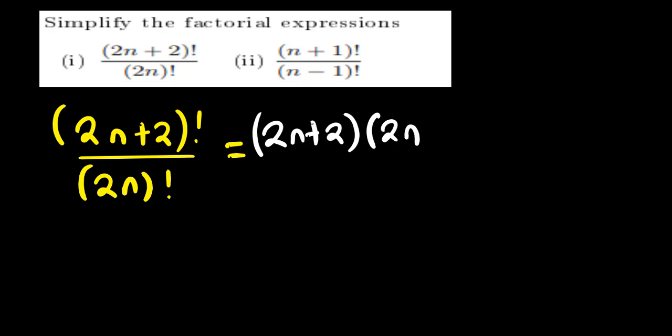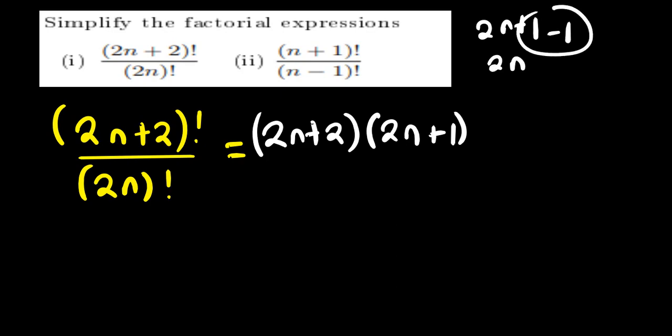Since we've got a positive 2, when you subtract a 1 from that 2, you're going to have a 1, right? Plus 1. Then again, from this 1, we subtract another 1. So we've got 2n plus 1. When we subtract another 1, we're going to have 2n, because the 1 minus 1 gives us a 0. So we just have 2n.